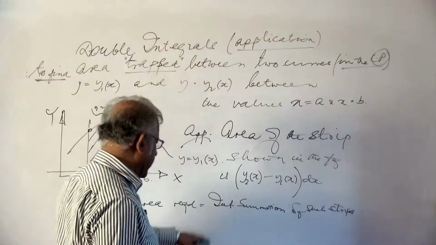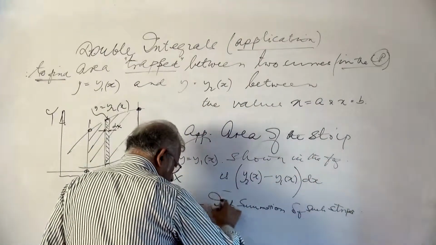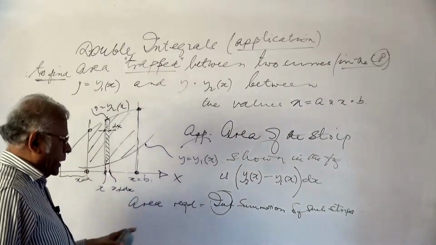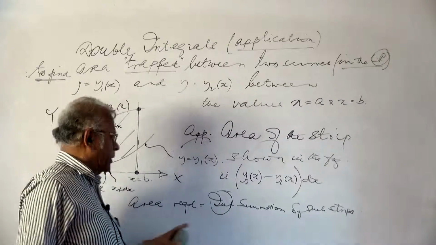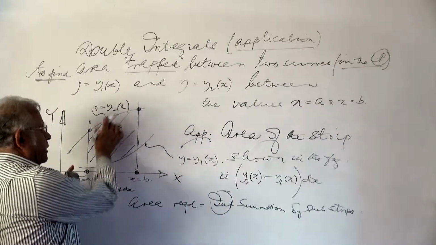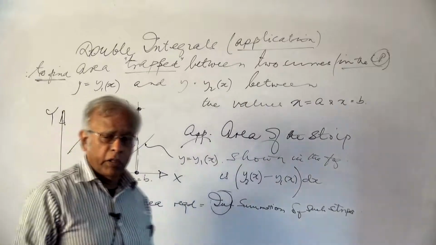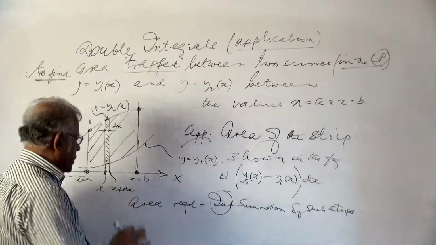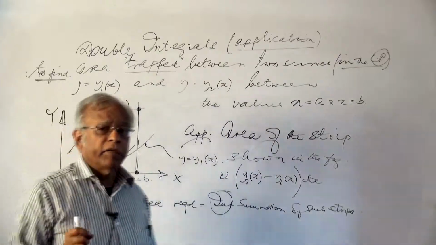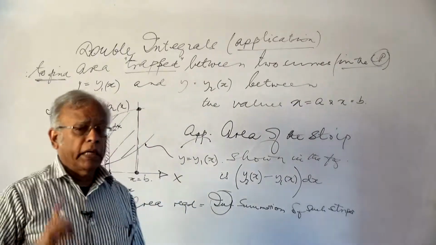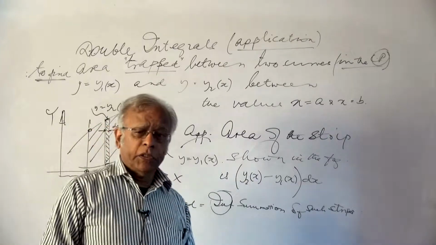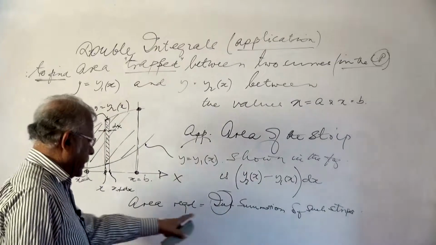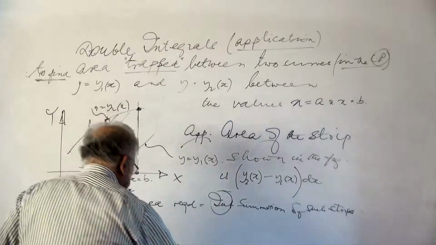Infinite summation meaning that the number of strips that we slice this area into is going to be infinite. It is not a summation of 5 or 6 very large strips, or 10 or 11 or whatever, but an infinite number of strips, each strip width becoming infinitesimally small. An infinite number of strips, each of which is infinitesimally small, is in spirit nothing but the integration.